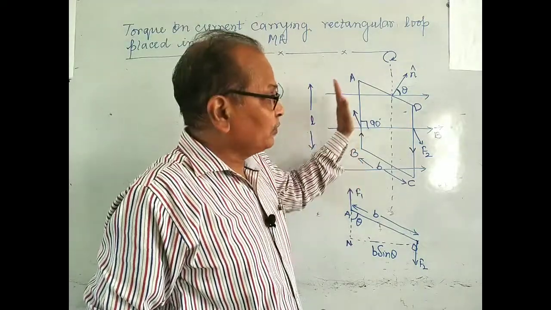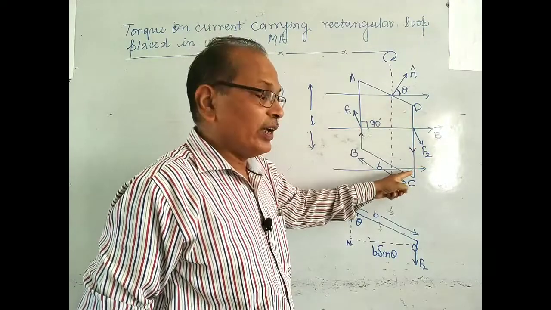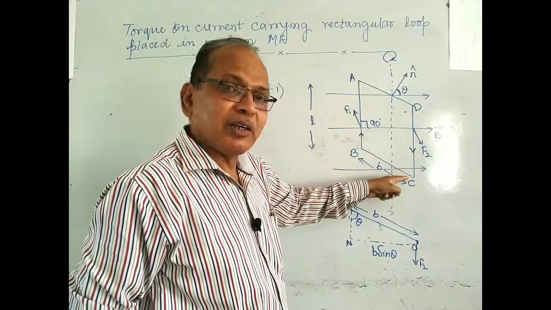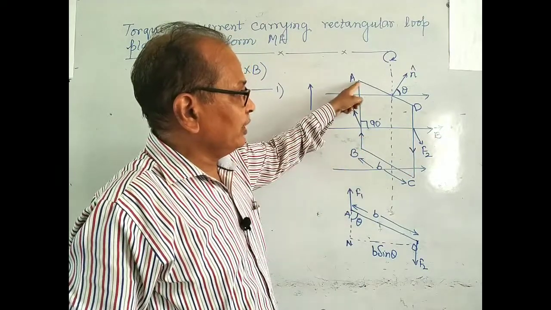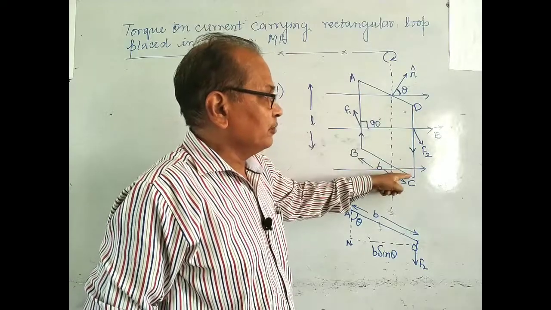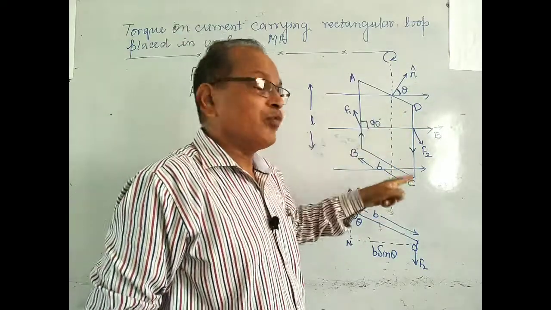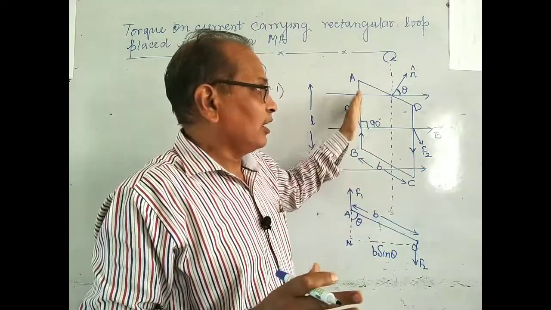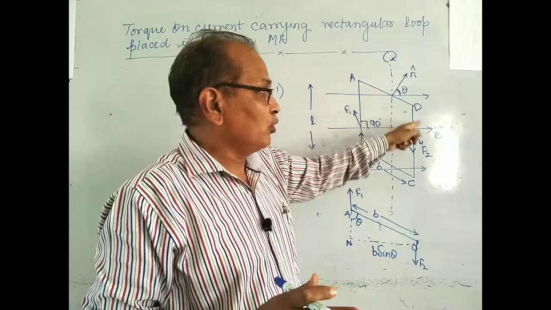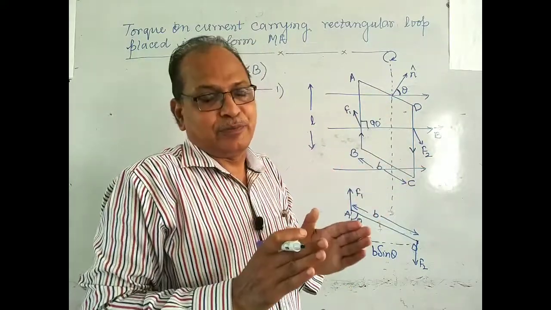Now for the second wire of this rectangular loop, see the DC part, the current flows here B to A and here D to C. So the force experienced by the DC wire will be equal in magnitude, because the same current is flowing through this rectangular loop, but in opposite direction.